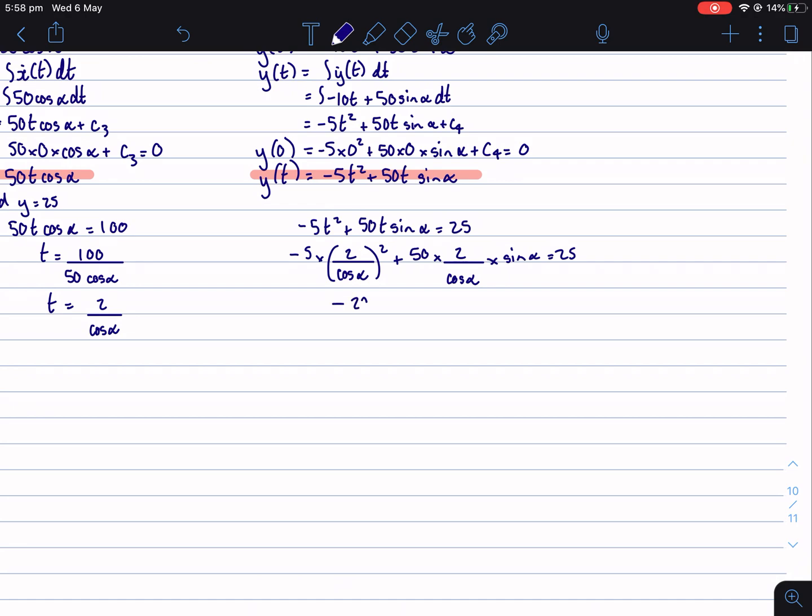So we've got minus 20 over cos squared alpha plus 100 tan alpha equals 25.